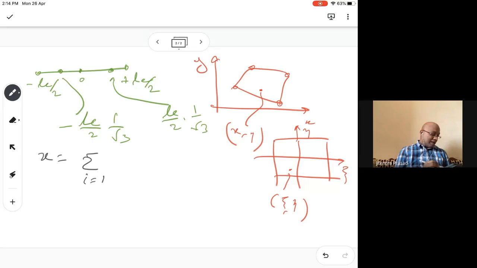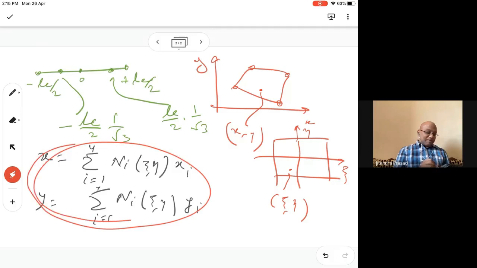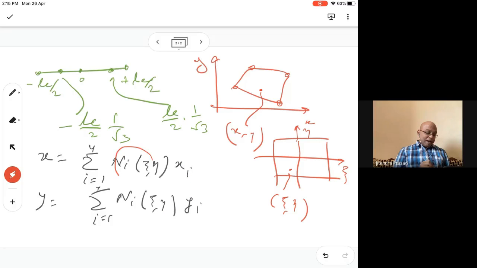x is the sum from i equal to 1 to 4 of Ni(xi, eta) times xi, and similarly y is the sum from i equal to 1 to 4 of Ni(xi, eta) times yi.